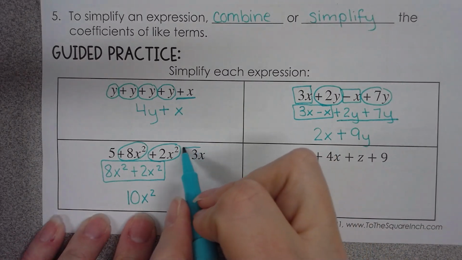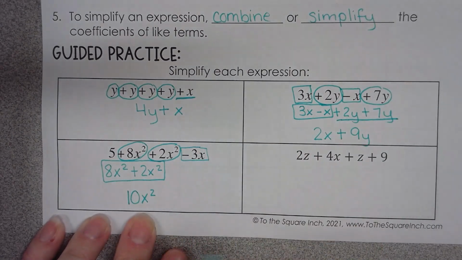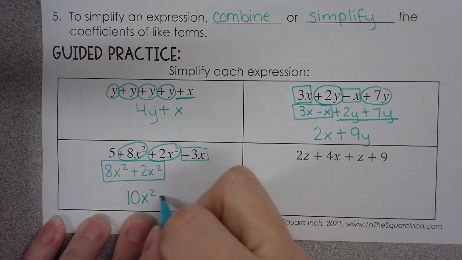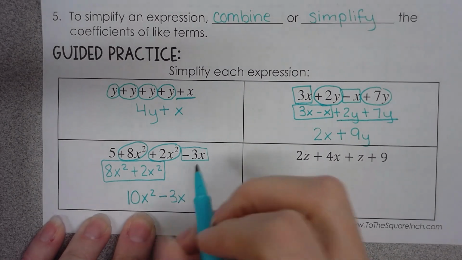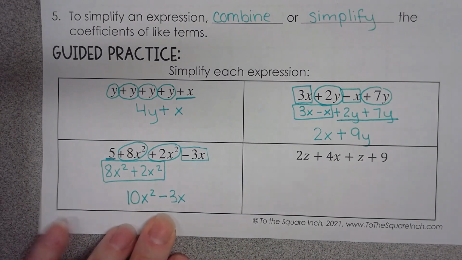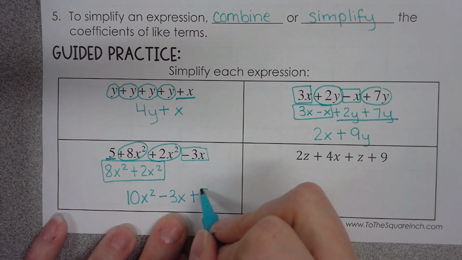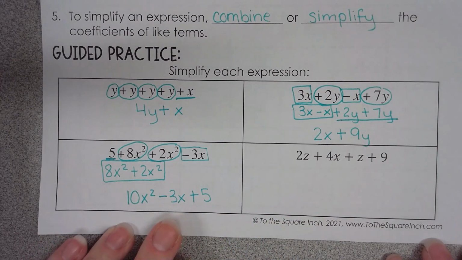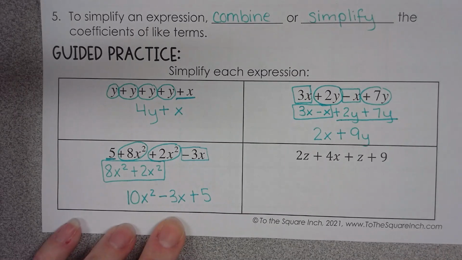I see that I have a negative 3x. There's no other x term in the problem, so I would write minus 3x. And then I cannot forget my constant, the 5. It's positive, so I would write plus 5. So 10x squared minus 3x plus 5 is my simplified expression.